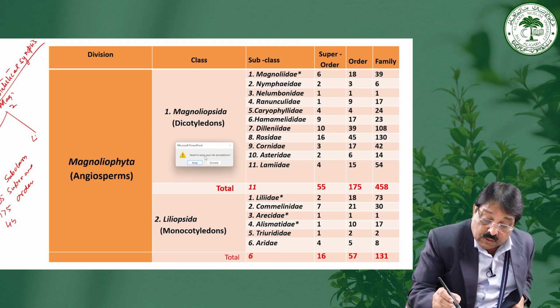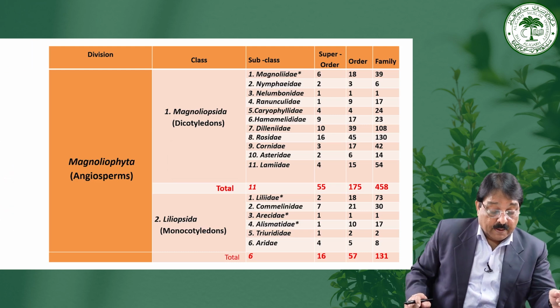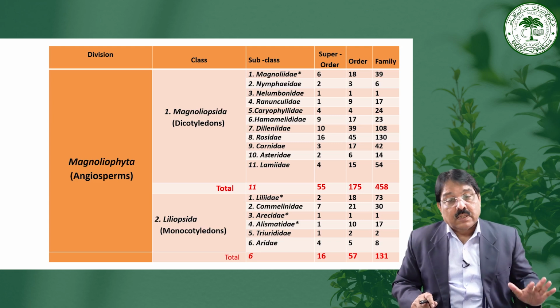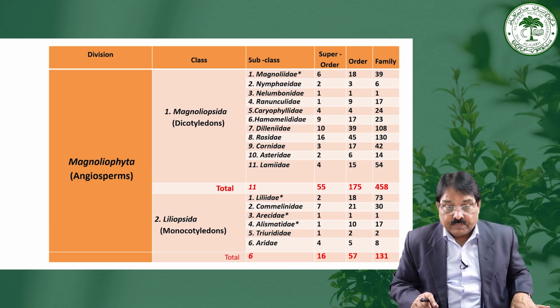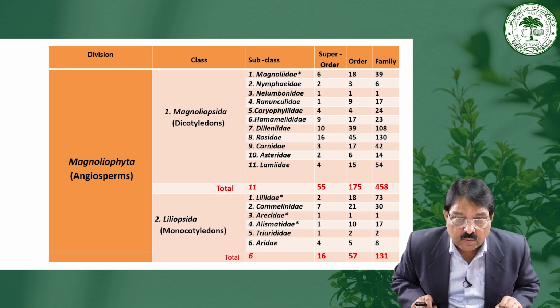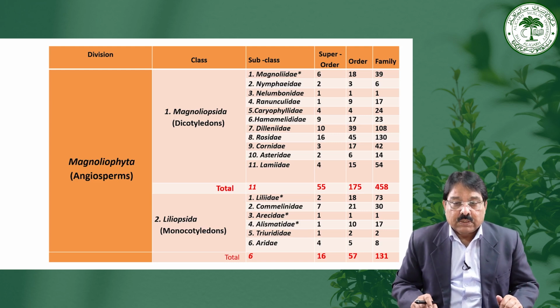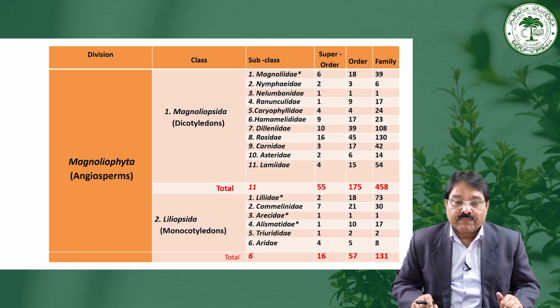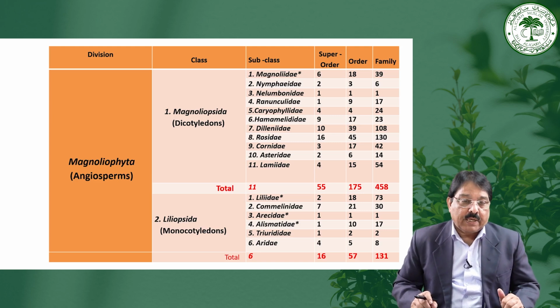So Magnoliophyta is divided into two classes, the dicot Magnoliopsida as well as the Liliopsida. Magnoliopsida is further divided into 11 subclasses, 55 superorders, 175 orders, and 458 families.